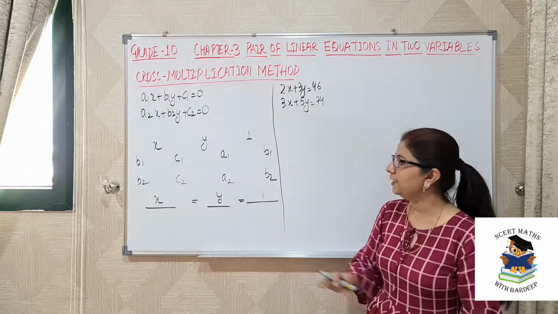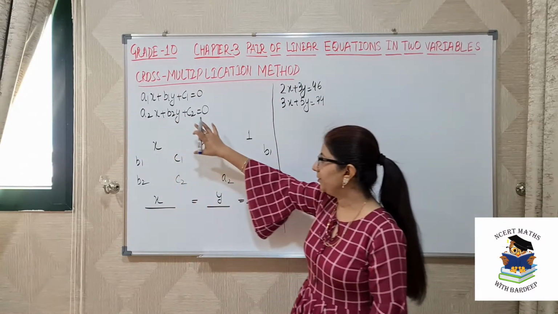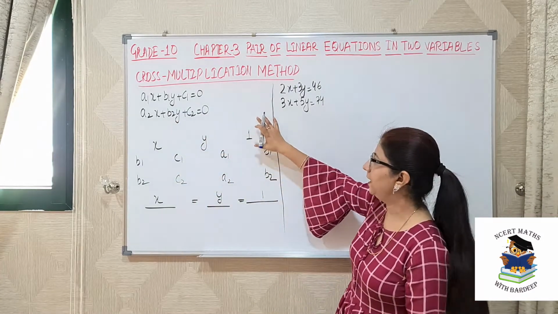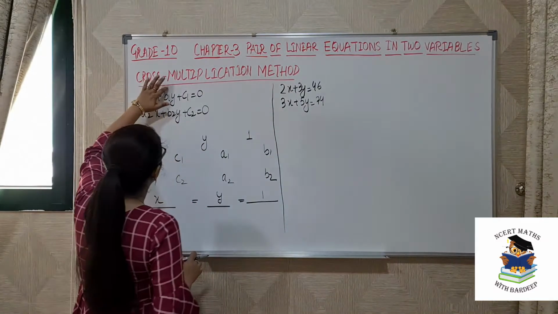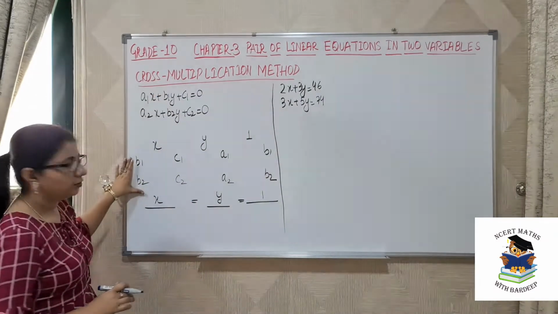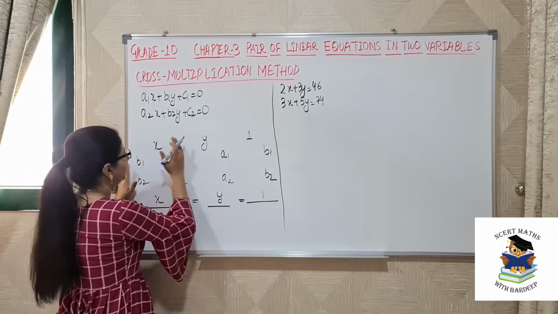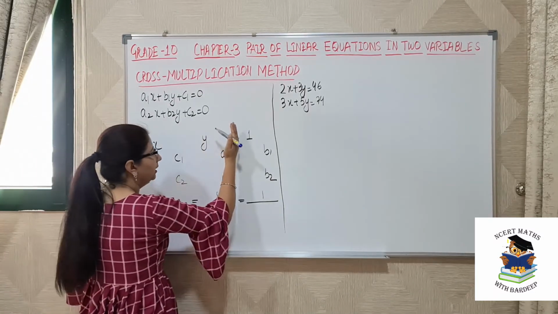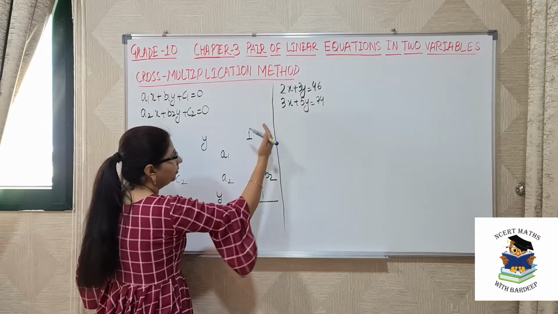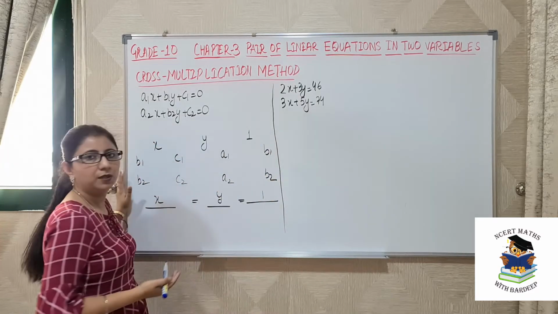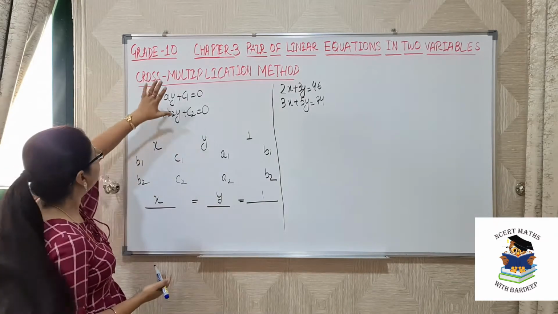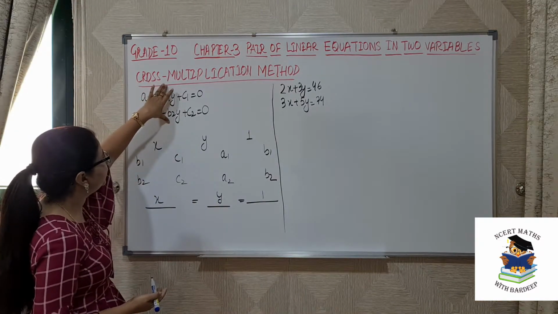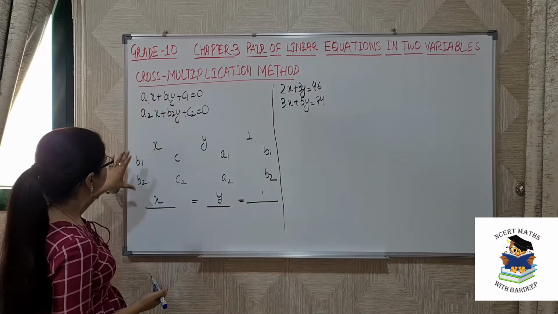Then write x, after some space write y, and after some space write 1. So b1 by b2 you should write first, then after x you should write c1 by c2, after y a1 by a2, and b1 by b2 after 1. I repeat, don't start with a1 a2, always start with the second variable, that is b1 by b2 here.